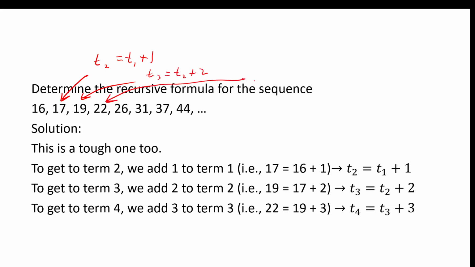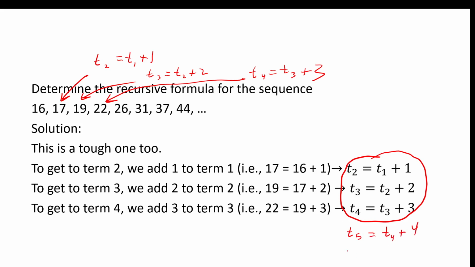And then term 4, which is 22, is equal to term 3, which is 19, plus 3. And so we see this pattern developing here. Yeah, that's kind of interesting. So we could tell if we continue the pattern that term 5 would be term 4 plus 4, and term 6 would be term 5 plus 5.